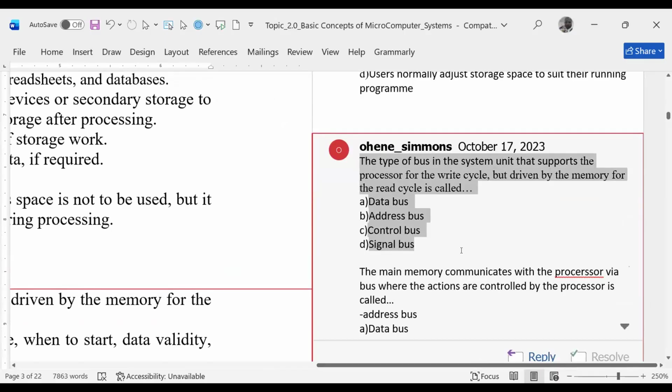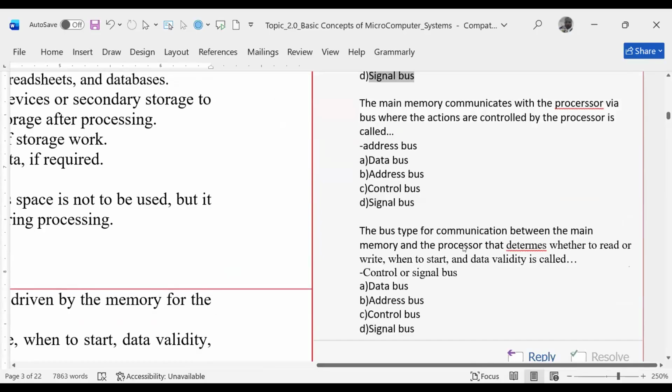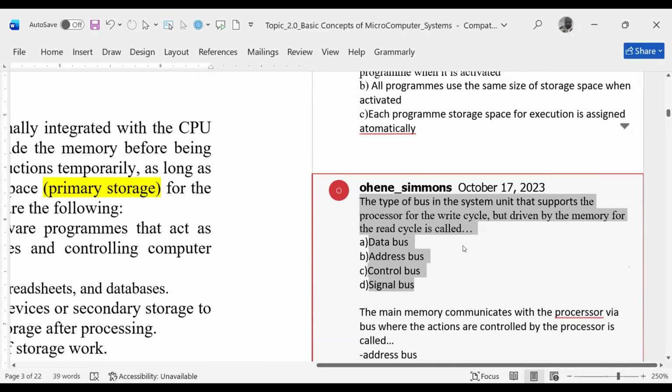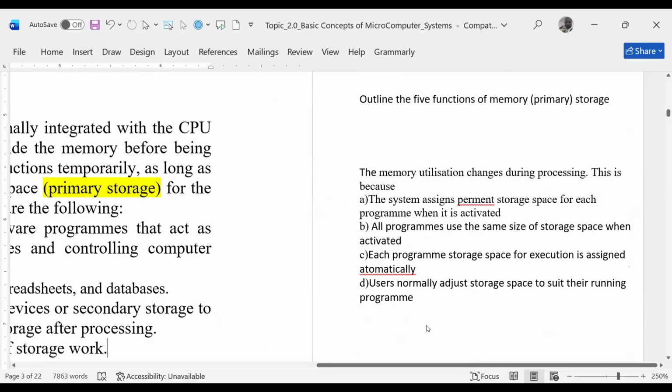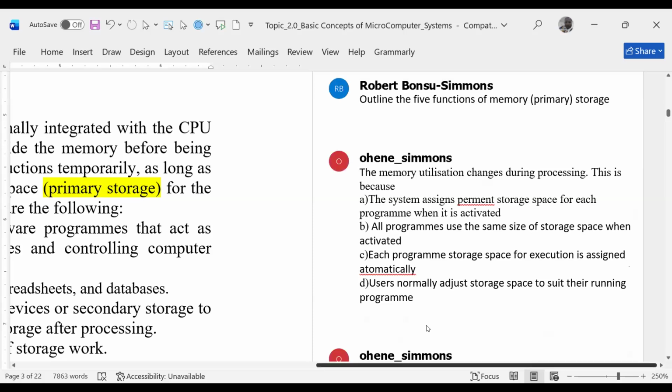Tell us the answer. Sir, A. A is what? Data bus. Do you agree? Yes, sir.